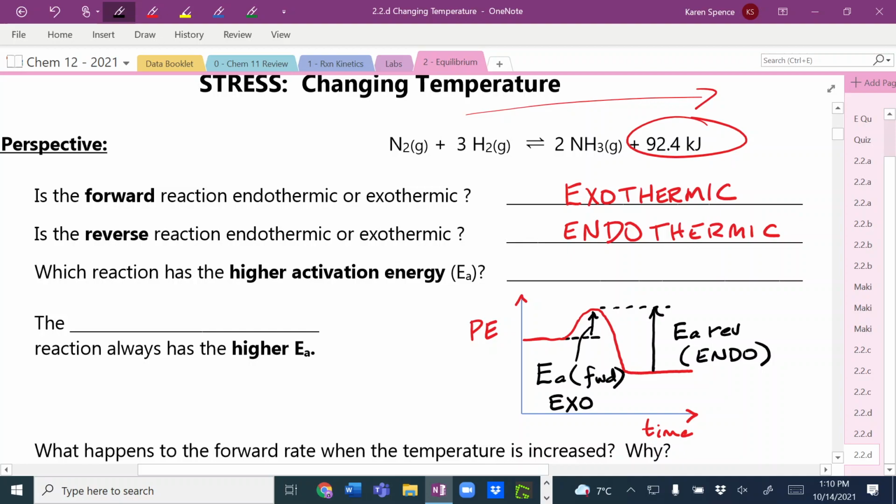So my reverse reaction has the higher activation energy. And in fact, it is always true that the endothermic reaction has the higher EA. But if you forget that, draw yourself a little graph, and there you go.